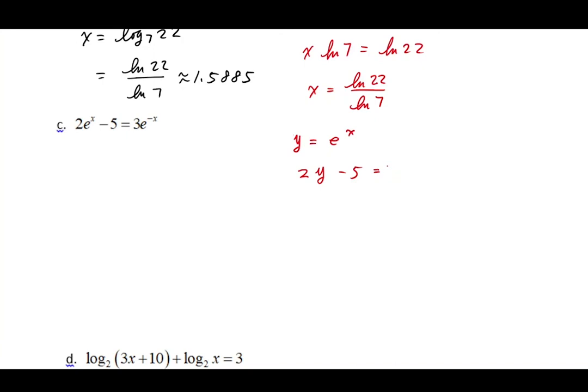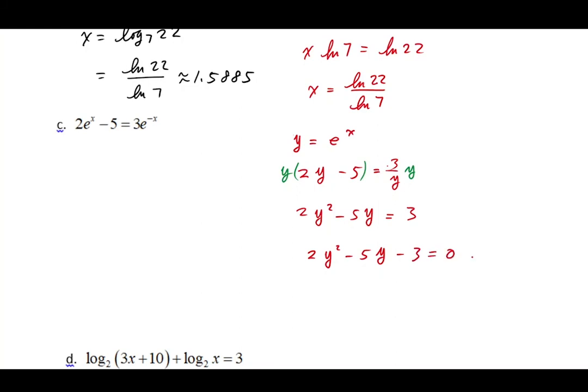That just simply is 3 over y now, isn't it? How can we solve this? We multiply y on both sides. Y here and y here. And that way, we have 2y squared minus 5y is equal to, and y is here, cancel, 3. And then this gives us a quadratic equation.